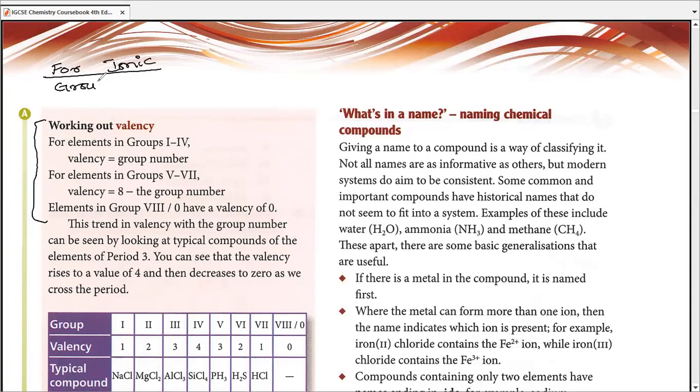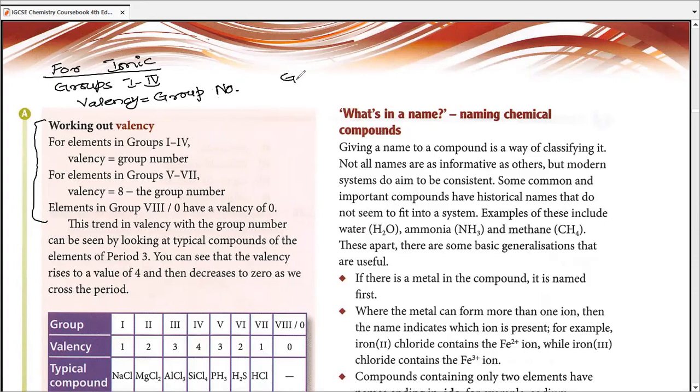The groups 1 to 4, their valency, and remember the word valency is used for them. Why? I'll come to that a little later. It would be equal to their group number. So if the group number is 1, their valency is 1. If the group number is 2, their valency is 2. If the group number is 3, their valency is 3, so on and so forth.